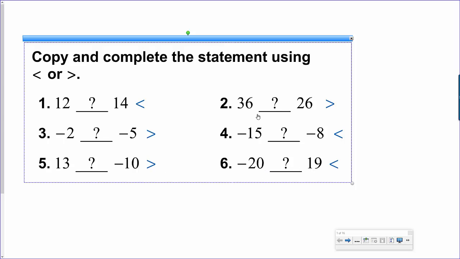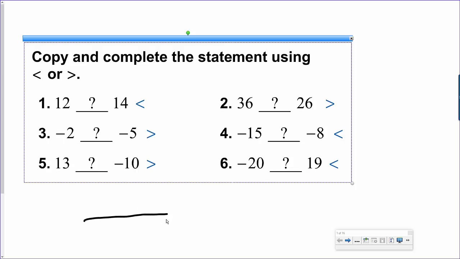The only one that might be problematic here is negative 2 and negative 5. If we think about positive integers, the bigger number usually represents the larger number. But in this case, remember, we are discussing negative values.